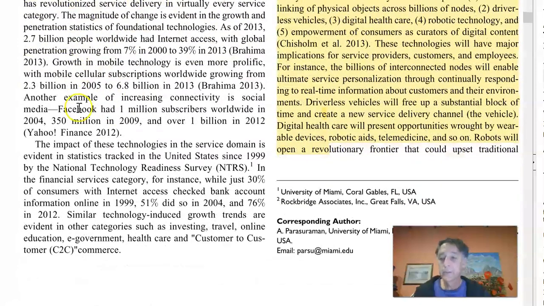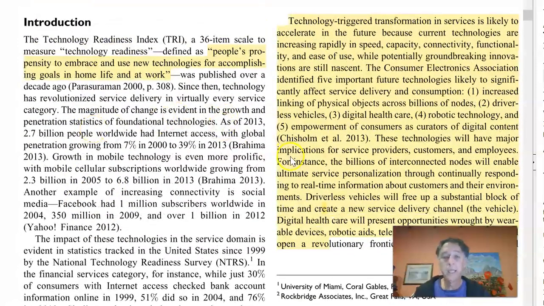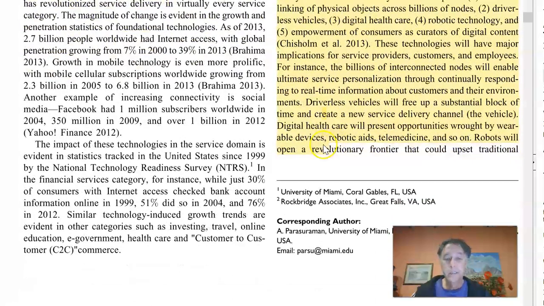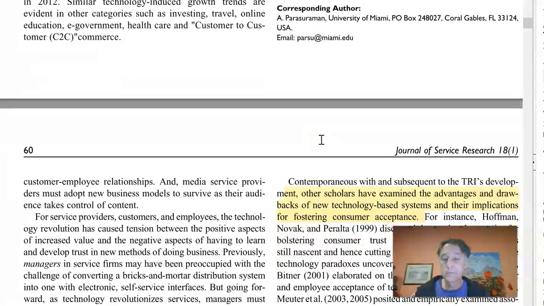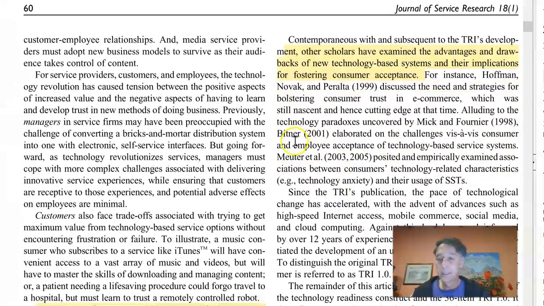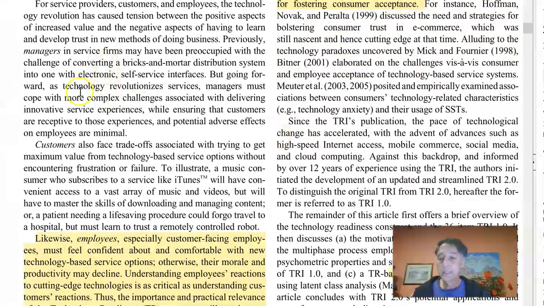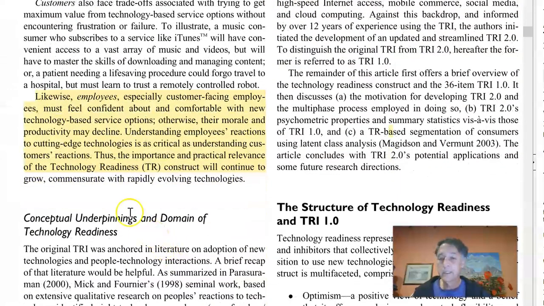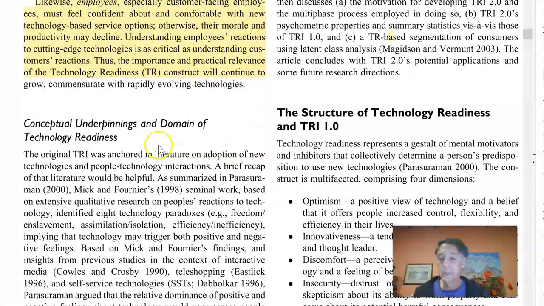Now the first part of the article is about the background, a little bit about technologies and the new technologies that are available and how it will influence our lives, right? And so that's kind of the background. And from this first part of the discussion, you will be able to get a sense of whether this could be a nice instrument to use.